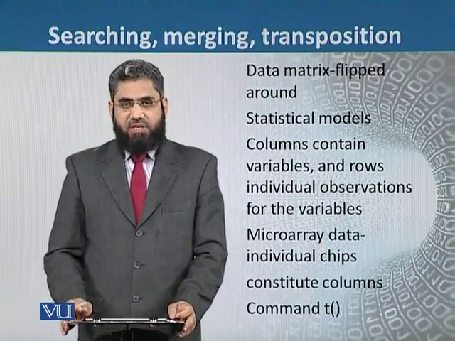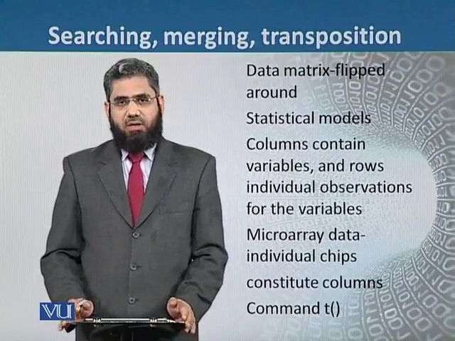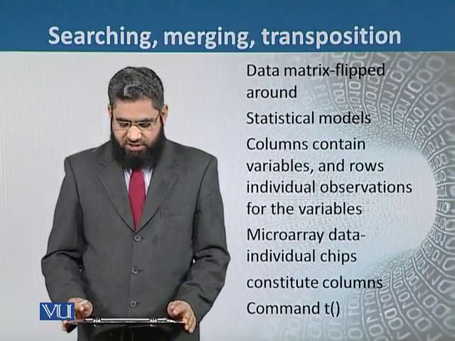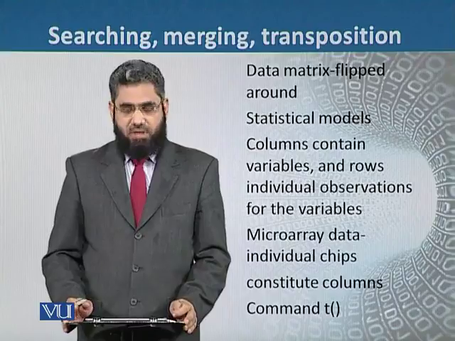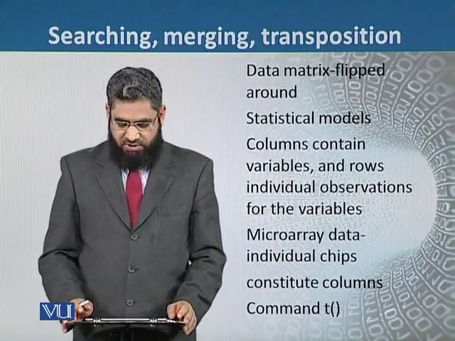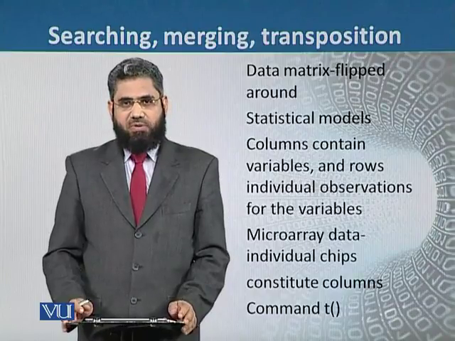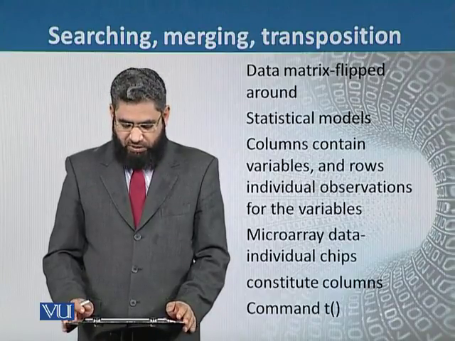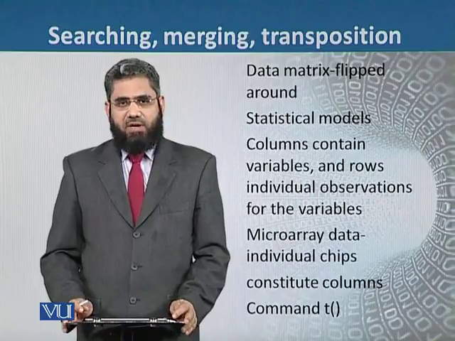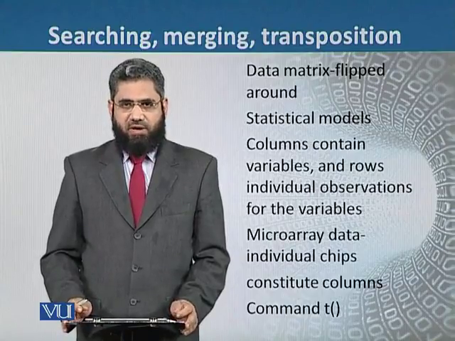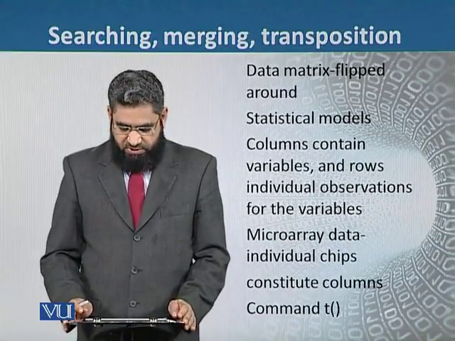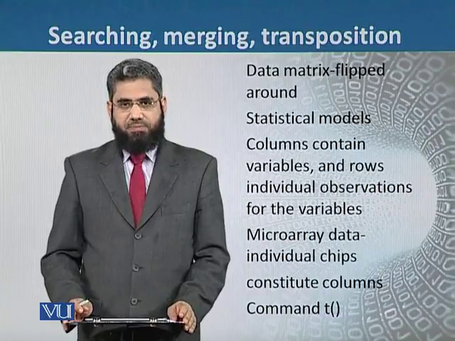So if we consider conventional statistics, it says that in the tables the columns contain the variables and rows contain individual observations about the variables. This is not the case in microarray data, because in microarray data the tables constitute only the columns.